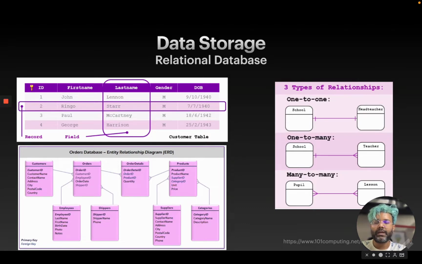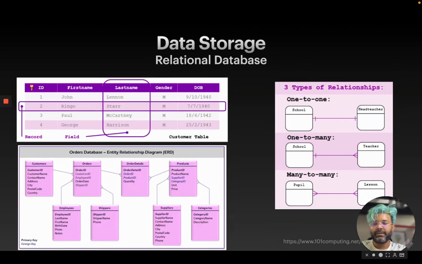Once you have to map this particular record to a different table, that is where the construct of a foreign key comes into the picture. And that's how you can look at what relations exist between different tables.